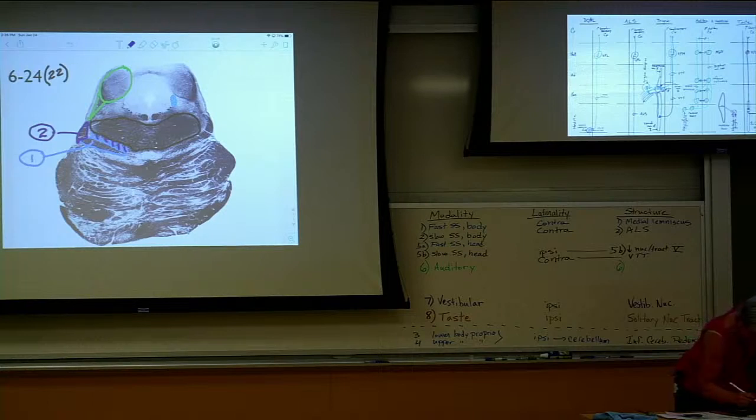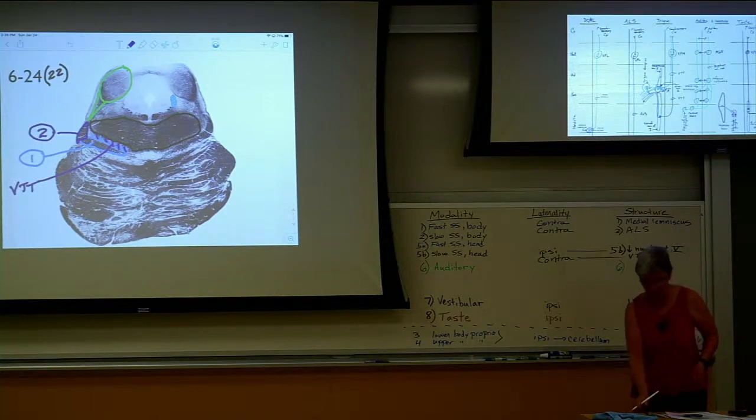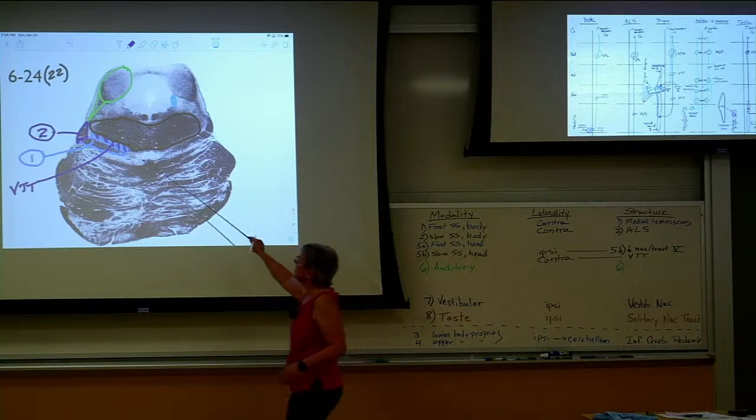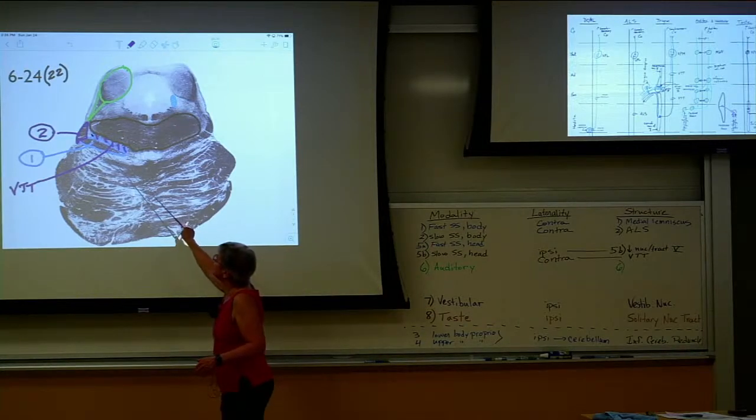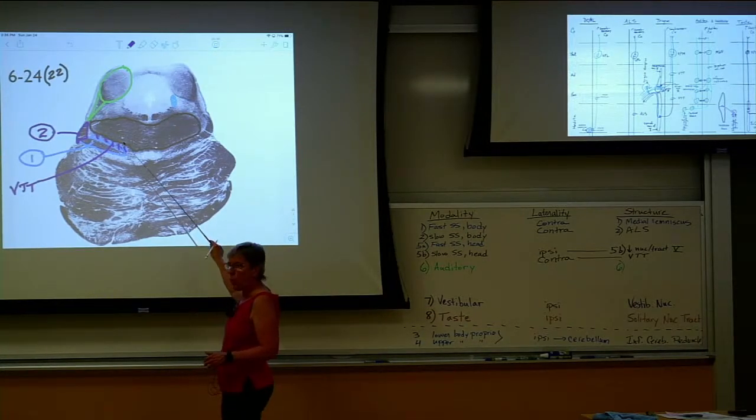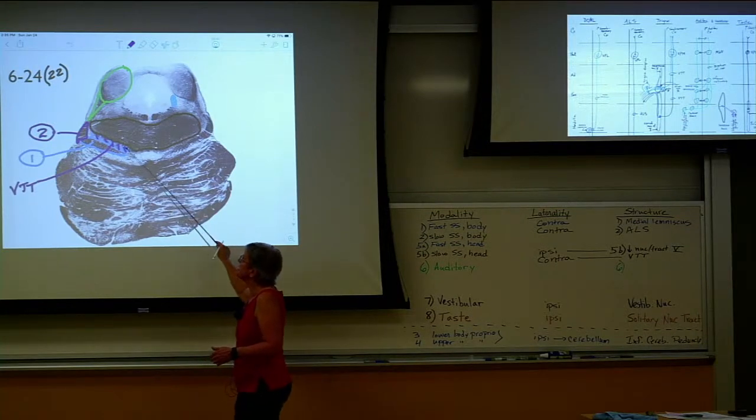And then we have VTT, which is sort of this furry looking part on top of the medial lemniscus, posterior to the medial lemniscus.